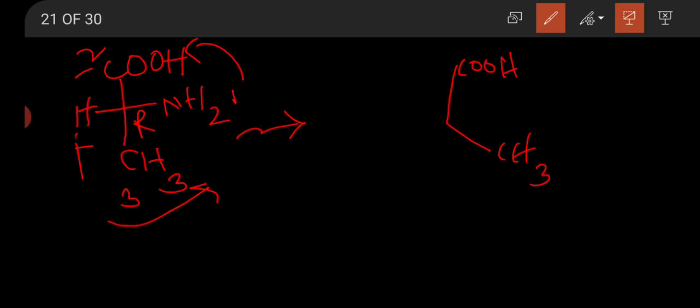R configuration is retained in wedge formula also.